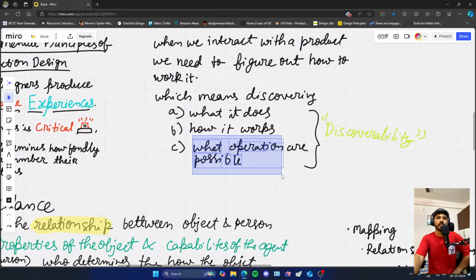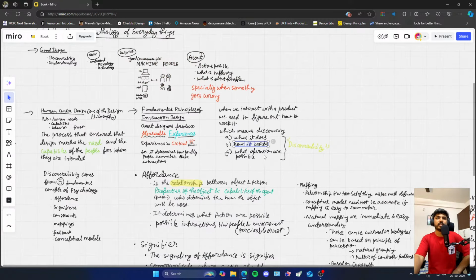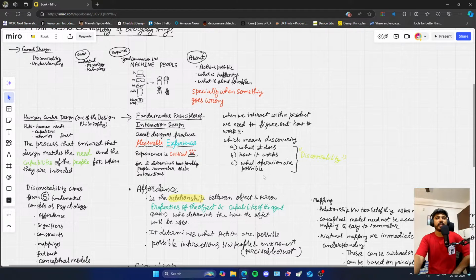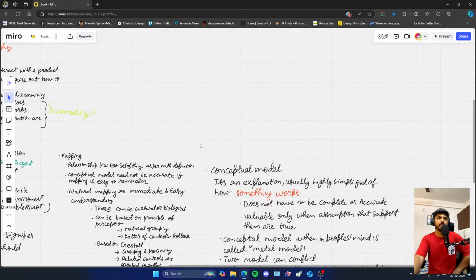So what operations are possible is basically affordance. How it works is a conceptual model. What it does is a prediction of action. This is also related to affordance. I might be confusing a few concepts, but we'll find out.